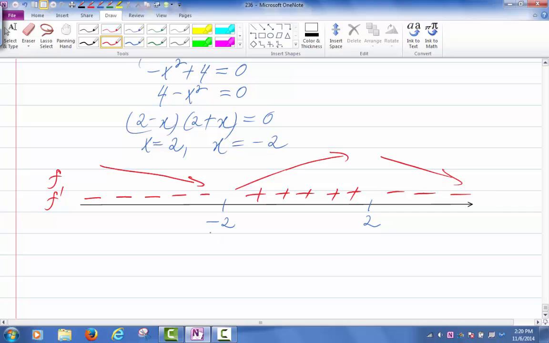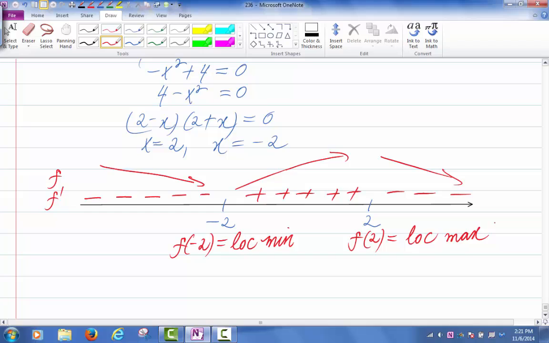So at f of negative 2, what do I have? I have a local minimum, and at f of 2 is my local maximum.